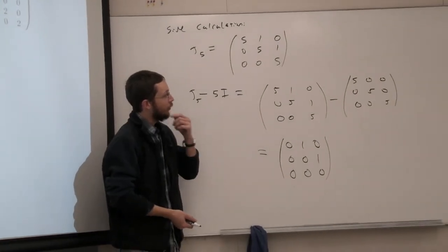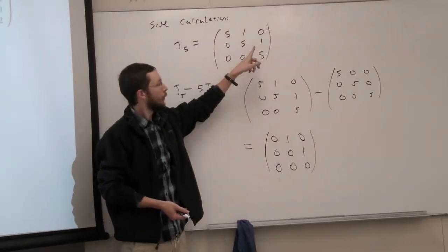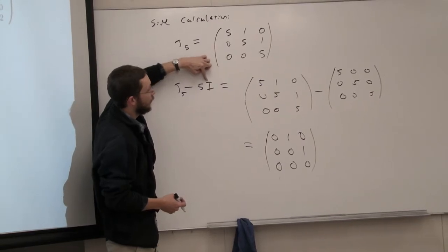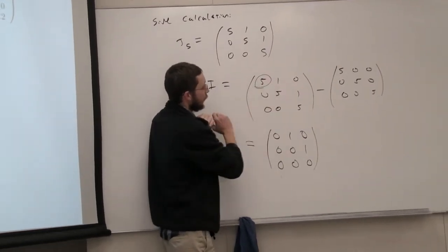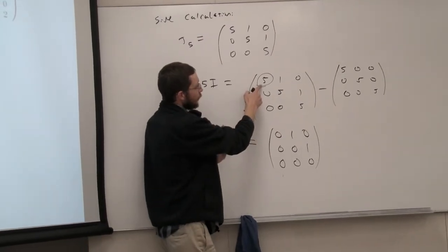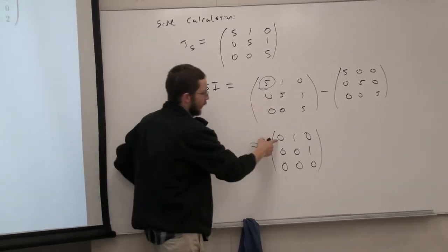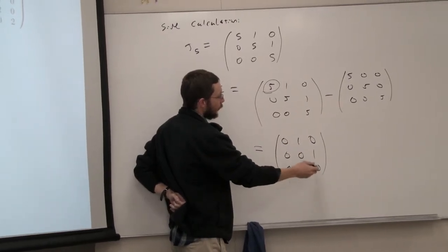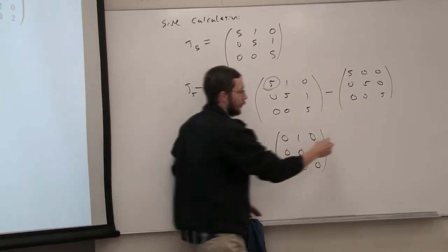And so here's the key feature to notice. This original Jordan block had rank 3. And when we plug in minus 5I, that eigenvector associated to this column right here, when you compute that difference, J minus 5I, that term drops out, right? And so now you'll notice that the rank of this matrix is 1 less than the original J.